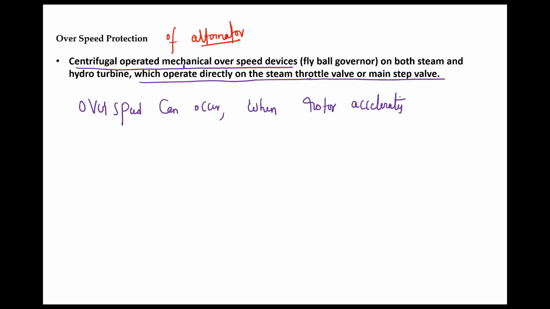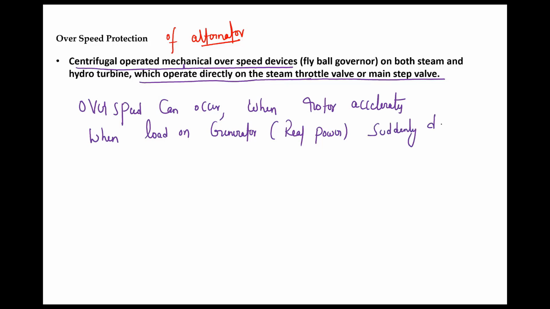So the rotor will accelerate when the real power load on the generator suddenly decreases or drops. Then the rotor will accelerate and the shaft will attain very high speeds.